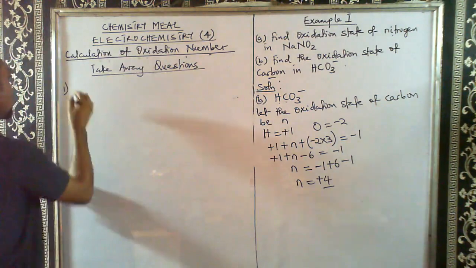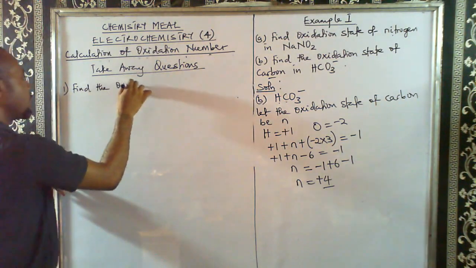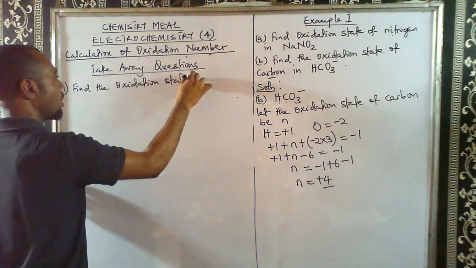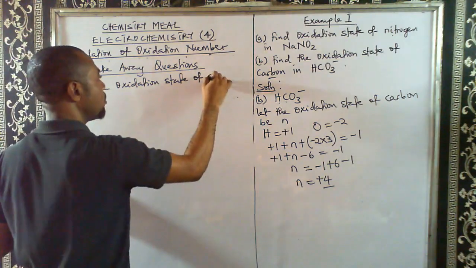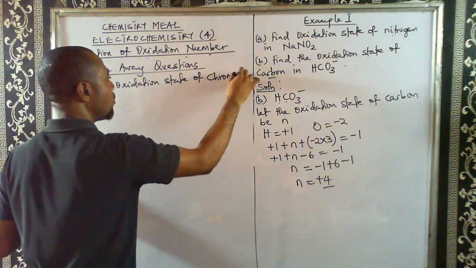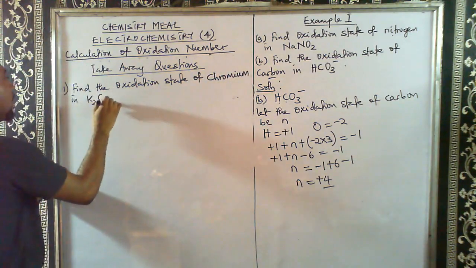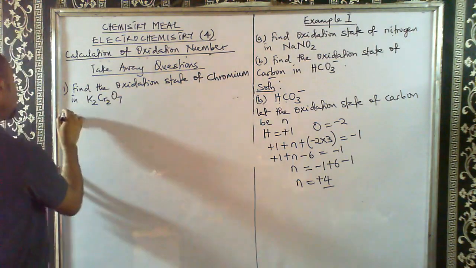So find the oxidation state of chromium in K2Cr2O7. The oxidation state of chromium here.